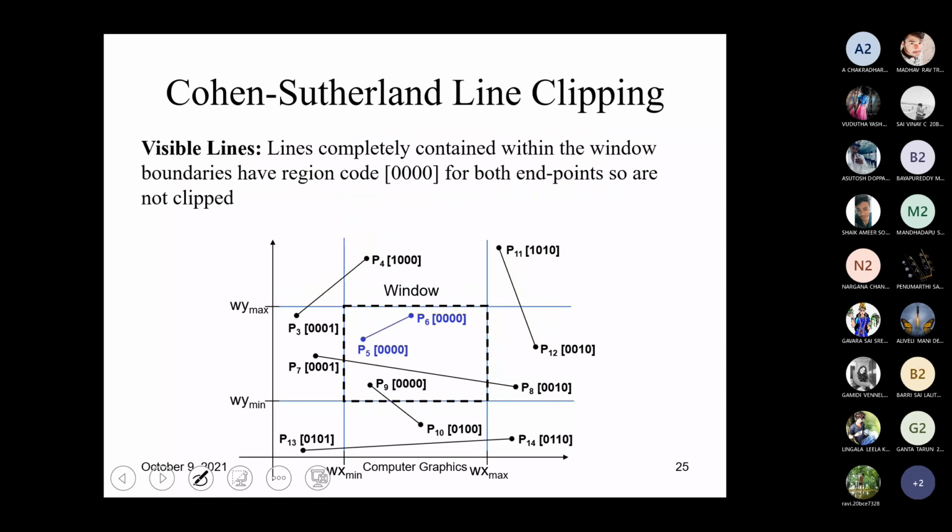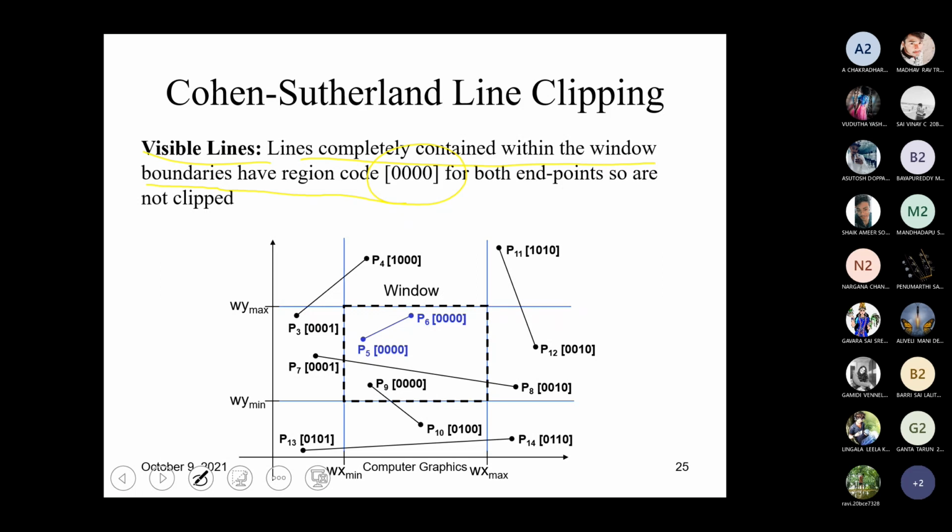So the next step is to consider visible lines. The lines completely contained within the window boundary have the region code 0000 for both endpoints, so they are not clipped. Next you are going to find which line has both endpoints inside the window.